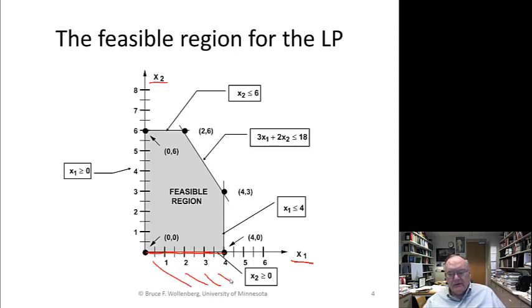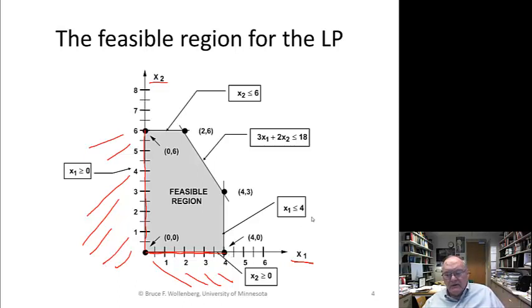So I'll draw some crosshatch down here. It means you can't put any variables down there. Similarly, this line here, which I'm trying to follow the best I can with the mouse, is the constraint x1 greater than 0. That means that I can't have anything out here. Okay, so this is all crosshatched.